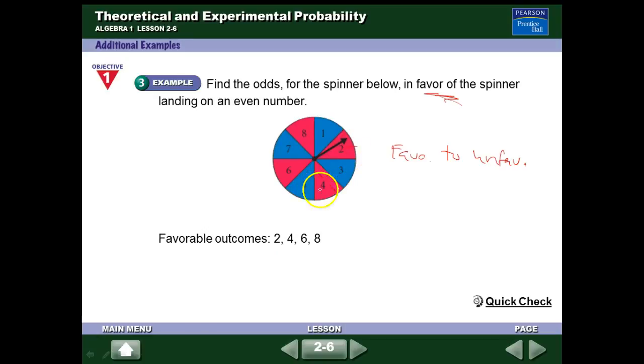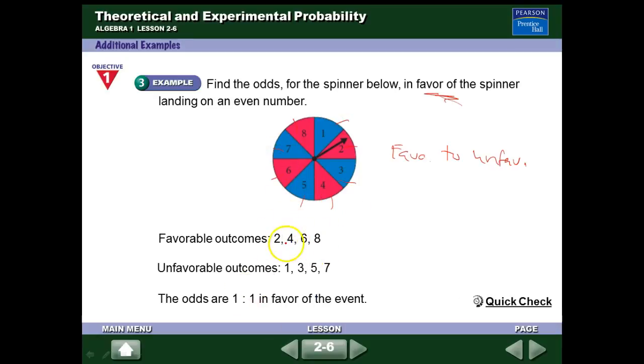It could land on 2, 4, 6, or 8. The unfavorable outcomes are 1, 3, 5, and 7. There are 4 favorable to 4 unfavorable, which simplifies to 1 to 1. Instead of using the word 'to', you'll typically see 2 dots. So 1 to 1 or 4 to 4, which simplifies to 1 to 1.